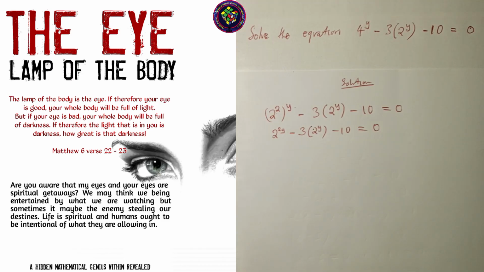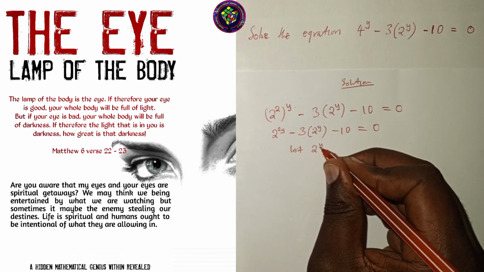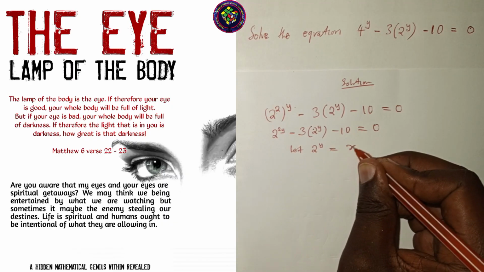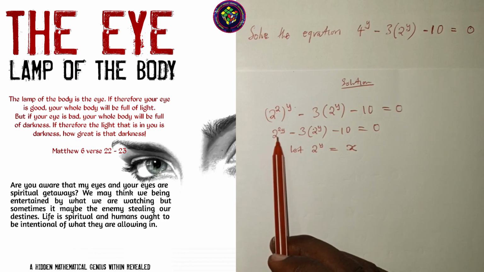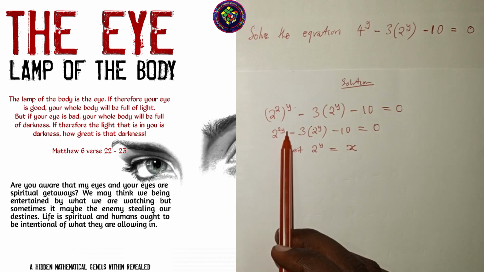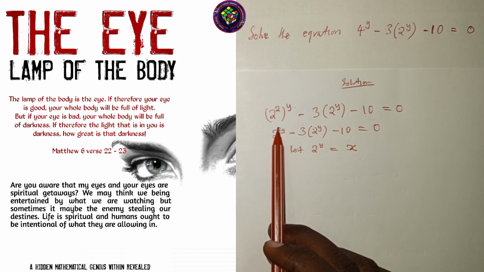Okay, then we'll let 2 to the power y be just a single variable. In this case, let's say x. So we'll say let 2 to the power y equal to x. Okay, so here 2 to the power y is x. So when you remove 2 to the power y, we remain with the power of 2.